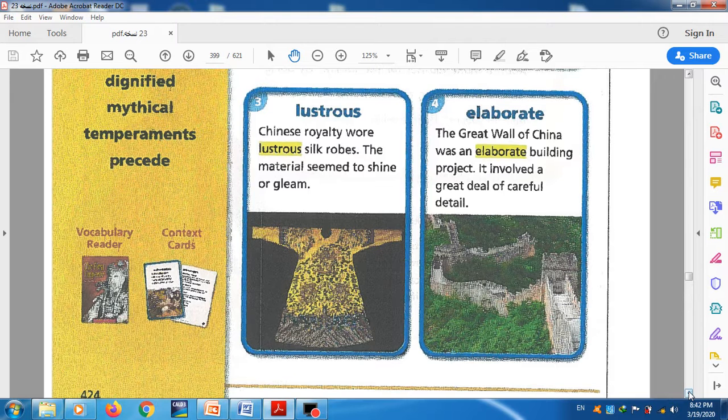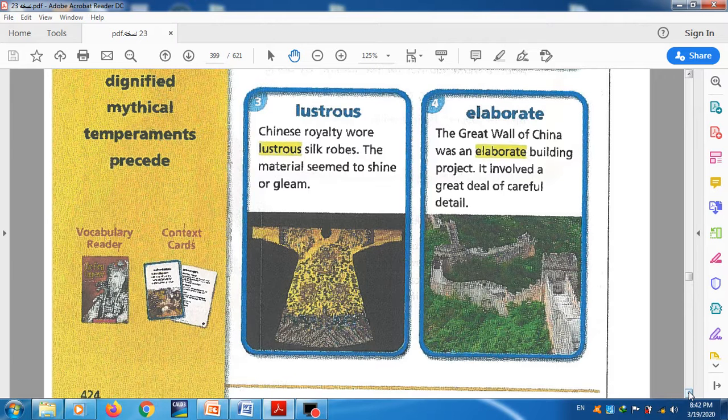Number 4 is elaborate. Now, can one of you read the example? I wish I could hear all your voices. Anyway, let's proceed. The example is: the Great Wall of China was an elaborate building project. It involved a great deal of careful detail.